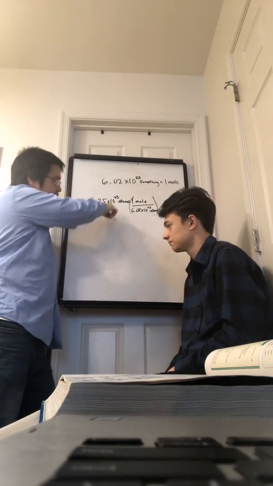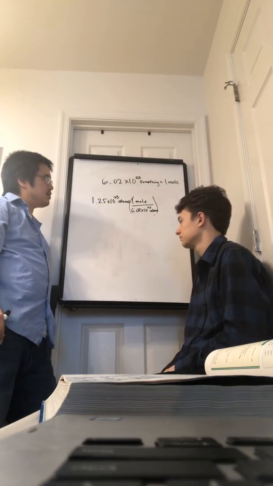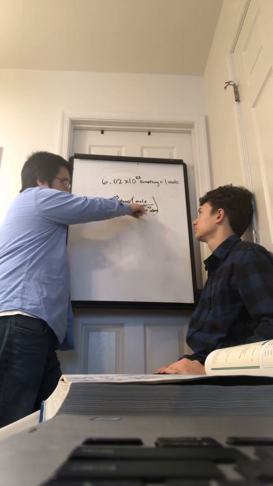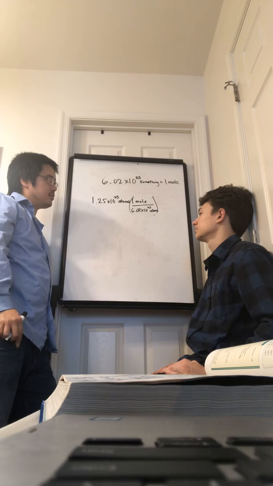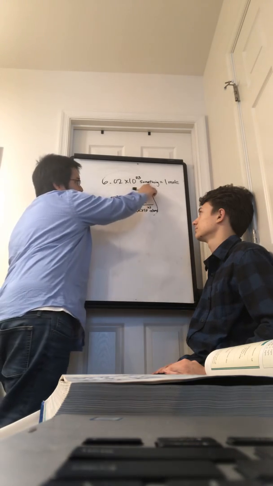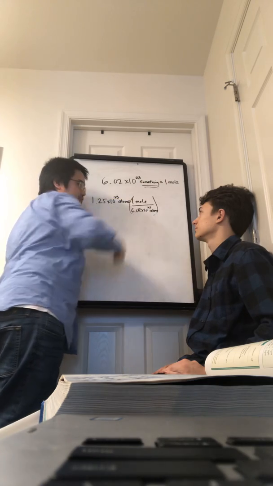Now, if I told you this was 1.25 times 10 to the 23rd particles, 1 mole is also 6.02 times 10 to the 23rd particles. The something means you can put anything you want in there.